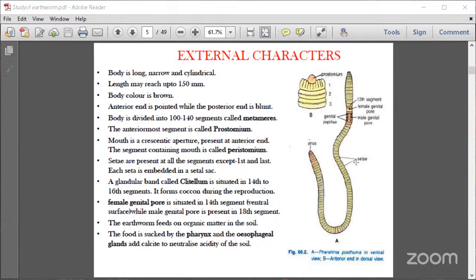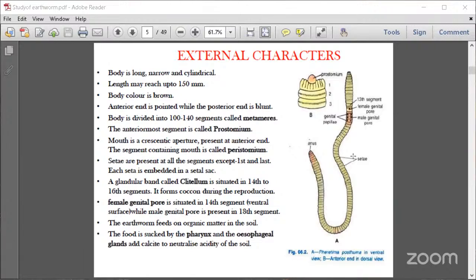You can see here the clitellum, a granular tissue, present in mature earthworms, which distinguishes the anterior side and posterior side.